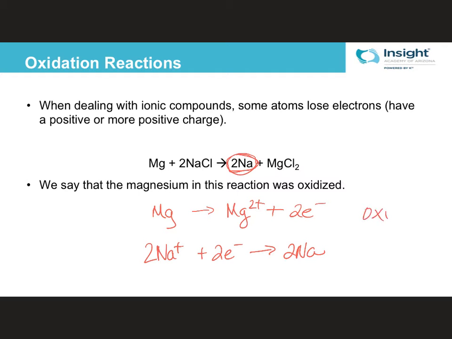So oxidation, reduction. You won't necessarily have to come up with these on your own, but you've got to be able to look at this reaction and see that Mg went from being neutral to being positively charged, so it lost electrons. Sodium went from being positively charged to neutral, so it gained electrons, and be able to then remember Leo, Ger. Lose electrons, oxidation, gain electrons, reduction.